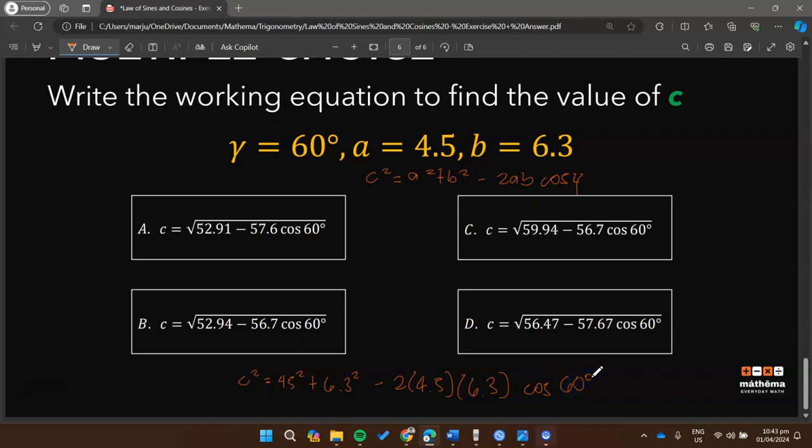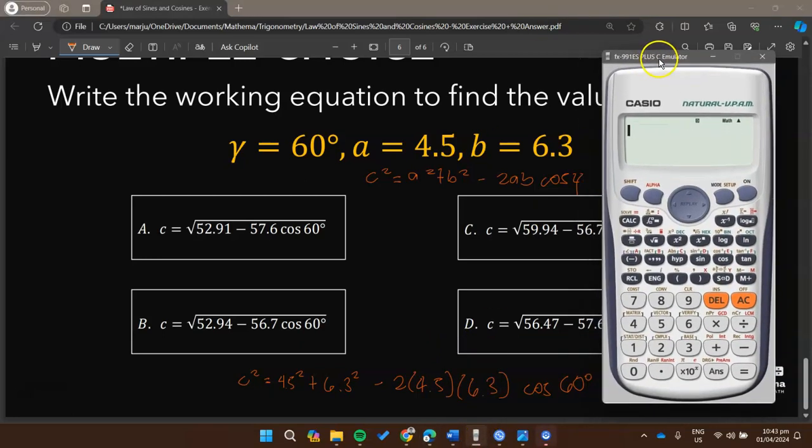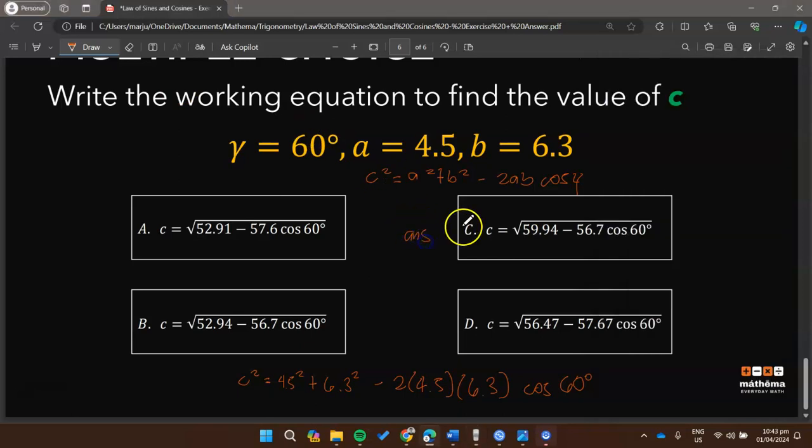So again, let's try to grab our calculator to solve for the simplified values. So we have 4.5 squared plus 6.3 squared. That gives us 5994. Where can we find that? That's letter C actually. So this will be our answer, letter C.